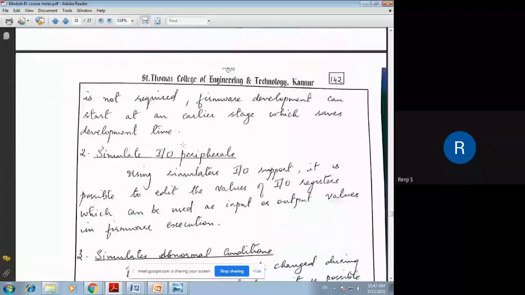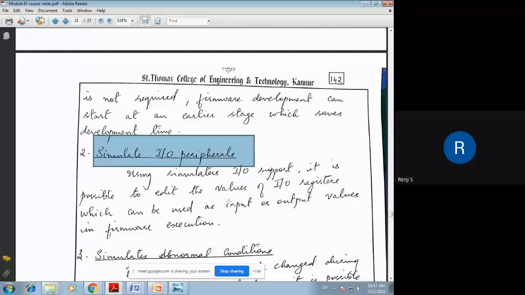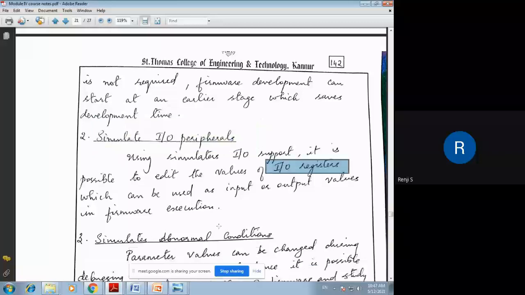So second, it helps in simulating IO peripherals. That is, for an embedded product, you have to give an input and you will get the output through some devices. Here, instead of giving input and taking output from actual devices, we can store input and output using registers and test the product.